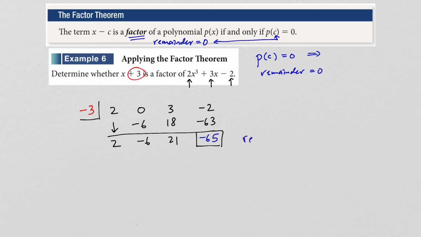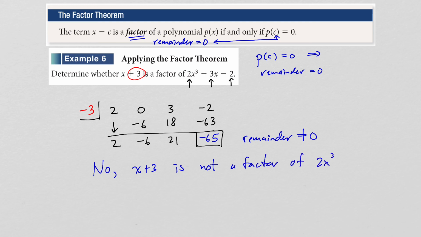So the remainder here is not 0. So the answer is no. X plus 3 is not a factor of 2x cubed plus 3x minus 2, because when we divided by x plus 3, we did not get a remainder of 0.